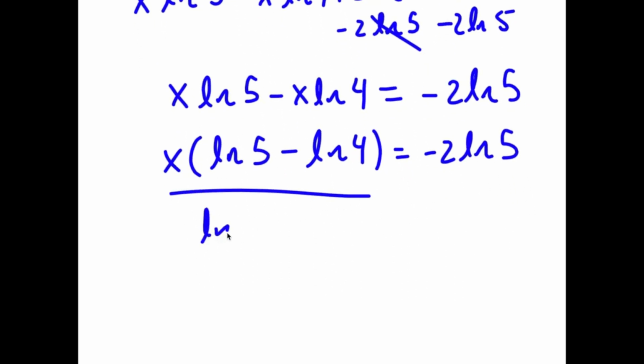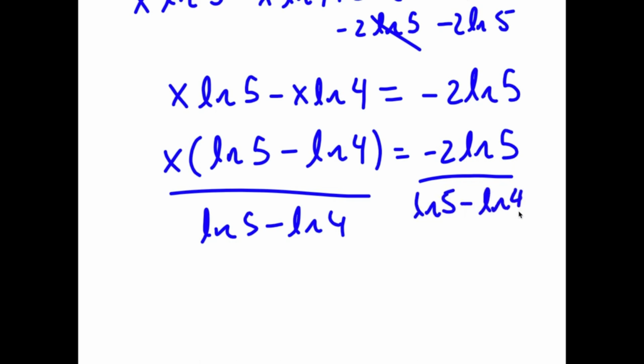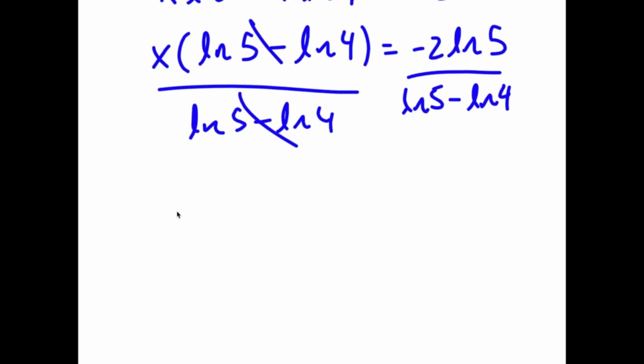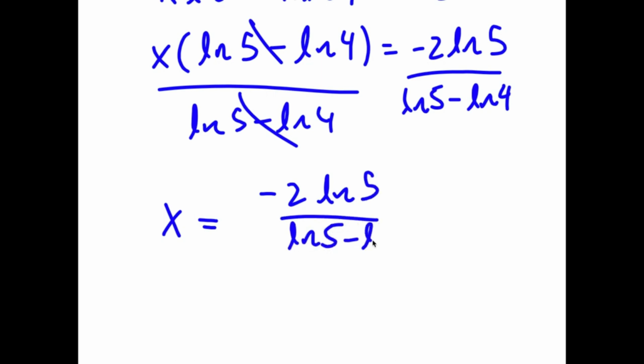Now if I divide both sides by ln 5 minus ln 4, these two cancel out, and I have x is equal to negative 2 ln 5 over ln 5 minus ln 4.